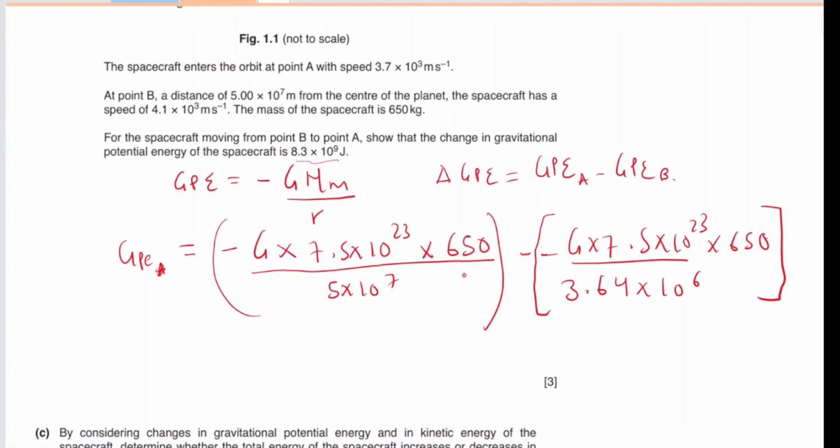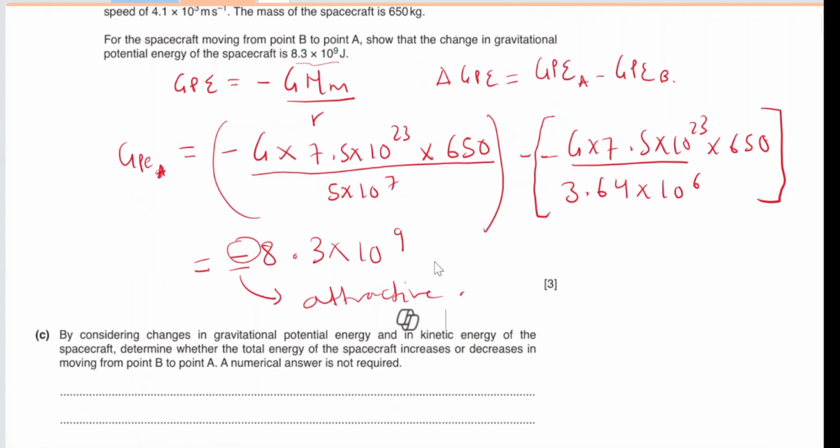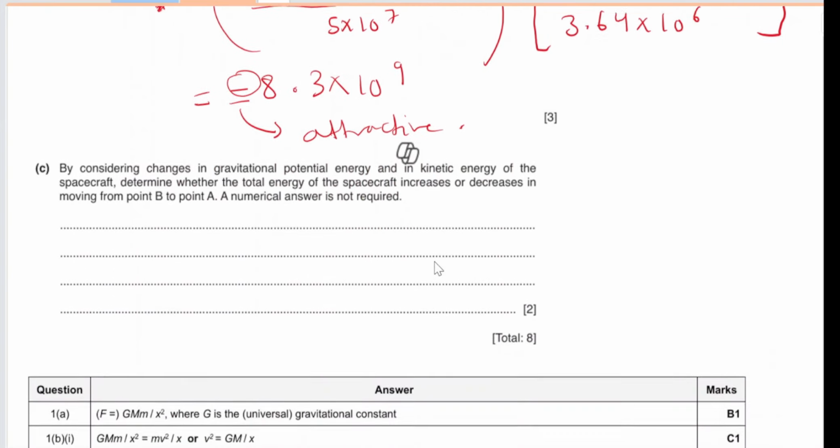And we are finding the difference between GPE at A minus GPE at B. Yeah, and when you do the calculations, you should get the answer as negative 8.3 times 10 power 9. You can just ignore this negative because the negative just indicates that it's attractive, right? So it's just saying that the GPE has been decreased from B to A. So this was more further out, but this is more near, so the GPE will decrease, right? And that should be your answer.